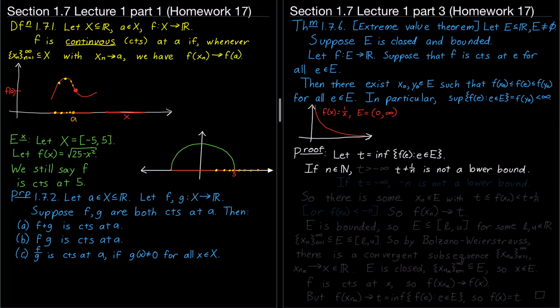Now, this is for T bigger than minus infinity. And if T is in fact minus infinity, then minus n is not a lower bound.